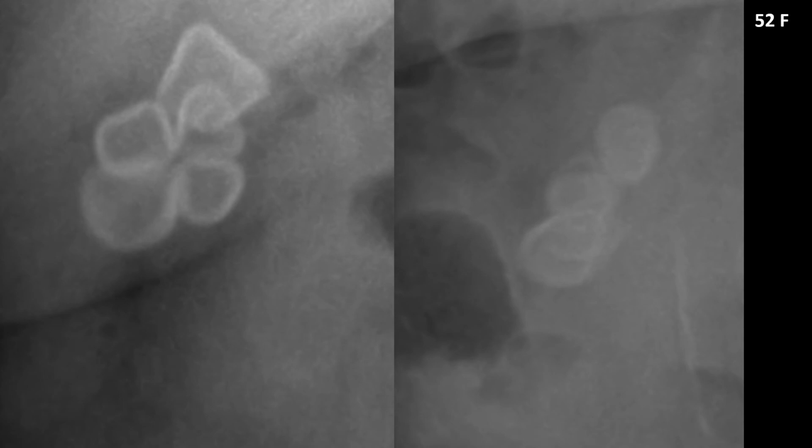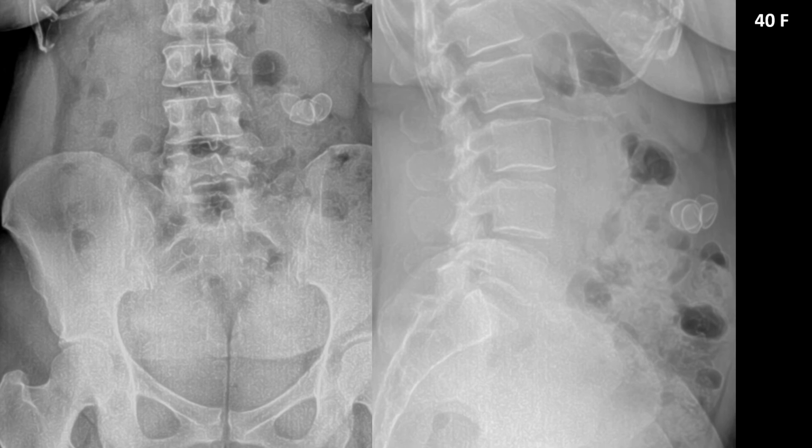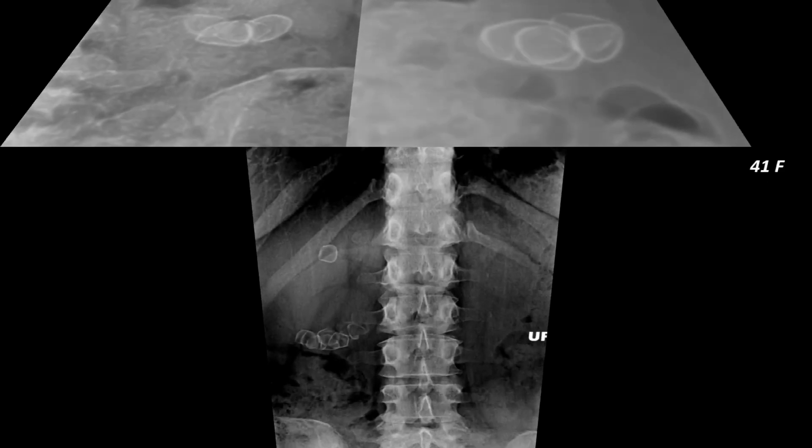And note the peripheral calcification. This is a 40-year-old female who presented with debilitating low back pain, and you'll notice some pretty large gallstones. And this patient ended up with a cholecystectomy.